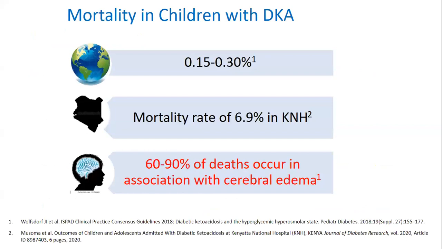In a study that was done in KNH and was published by Musoma et al. in the Journal of Diabetes in 2020, they did a retrospective study whereby they retrieved 159 files of children aged 0 to 18 years admitted at KNH.